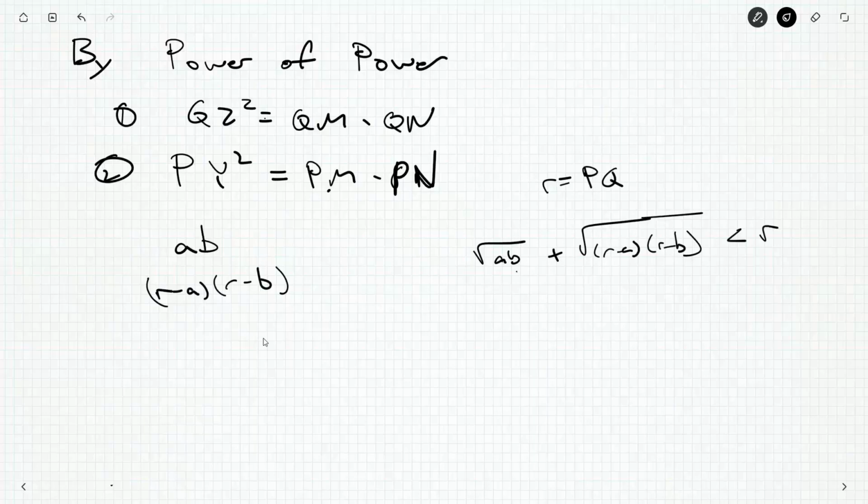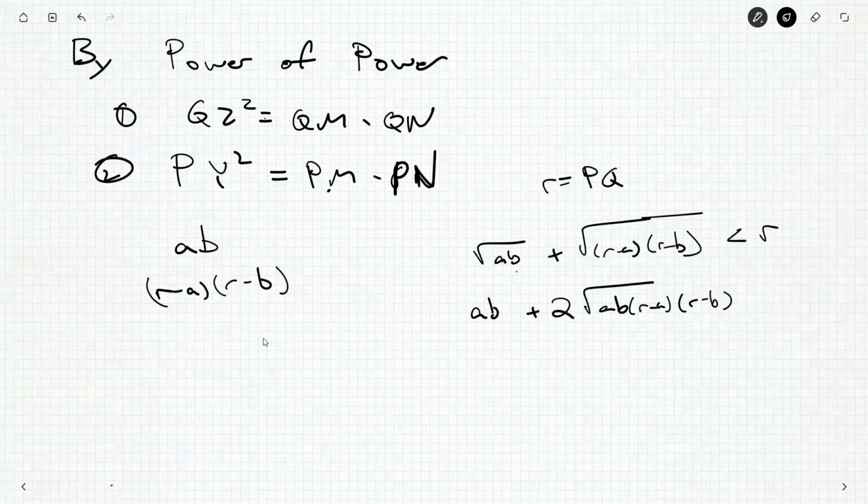So what would we naturally do? Well, we'd naturally square them. So I'd want AB plus 2 and then all this stuff, plus R minus A, R minus B. I'd want that to be less than R squared. So if I can guarantee that, I can get this.